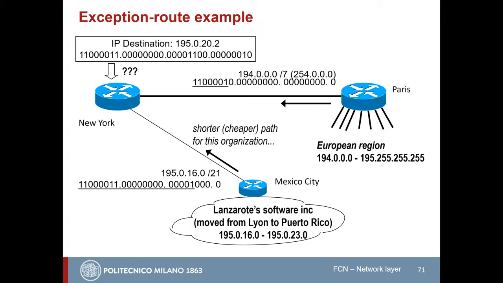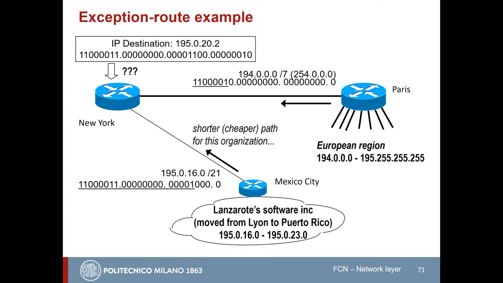So in some cases, the company will keep the IP addresses of the old service provider, but it will be reachable from the new service provider. So you will have to create exceptions inside the routing tables of the external routers. Today, this exception routing is a problem because exceptions are many, so routing tables are inflated by this technique, but it's something that is not very easily avoidable.